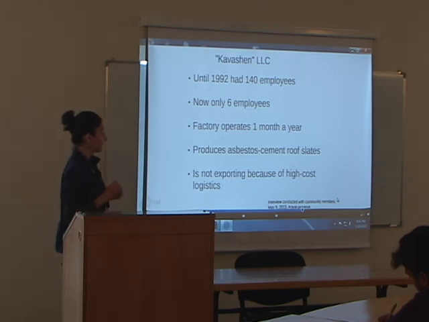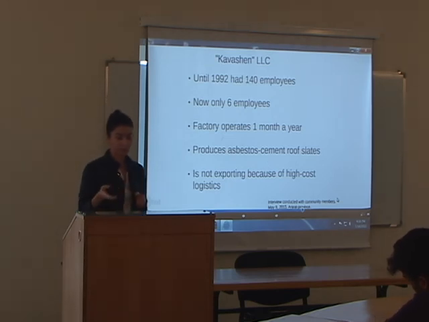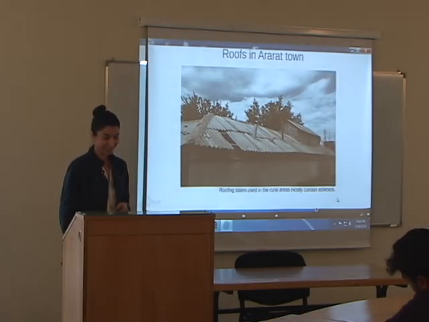Our interviewee told us that those 6 employees do not work in the nearby Ararat cement factory, because the money they earn in this factory is enough to work only 1 month and live for the other 11 months of the year. So probably they gain a lot of profit.